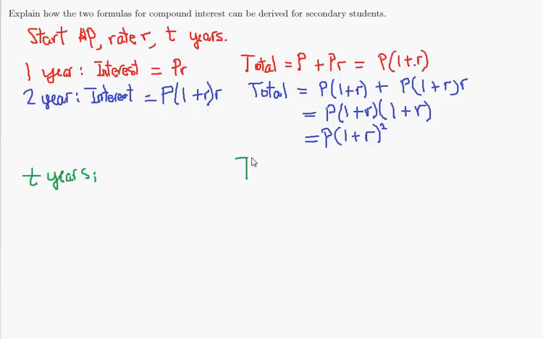The total would be equal to P times 1 plus R to the Tth power. R is the rate at which it accrues interest for 1 year, and T is the number of times that it compounds.